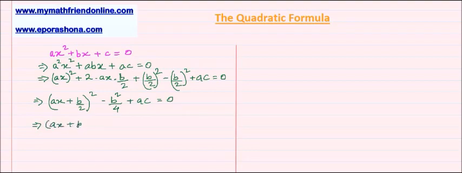ax plus b by 2 whole square, we keep it as it is. And for these two terms, we take the common LCM as denominator, 4. Since for this b square by 4 we are having a denominator of 4, the numerator will be b square.